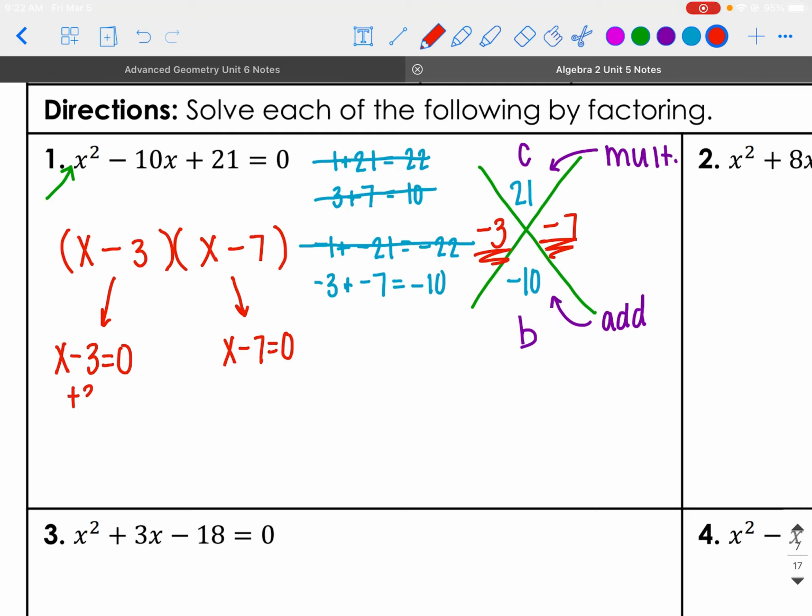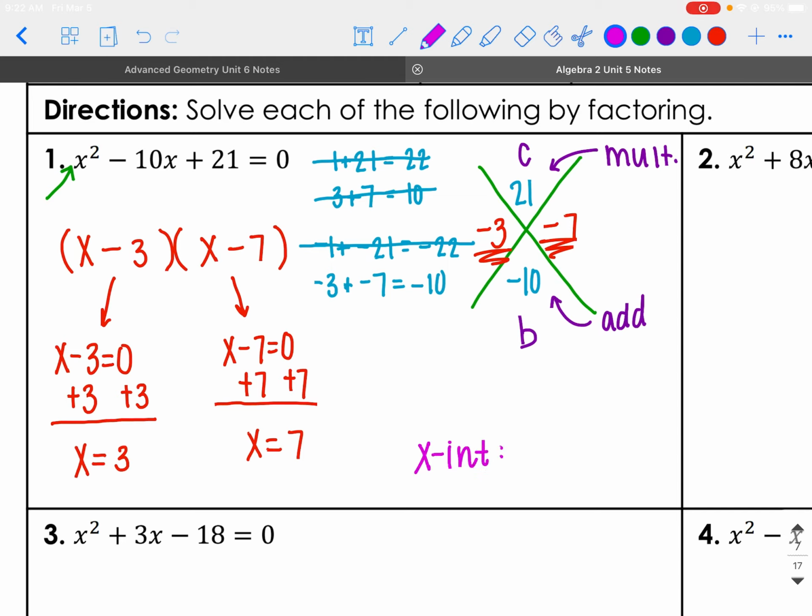The first one, I add 3 to both sides to get x equals 3. And the other one, I add 7 to both sides to get x equals 7. So my x-intercepts, which remember are also called zeros, solutions, or roots, are 3 and 7.